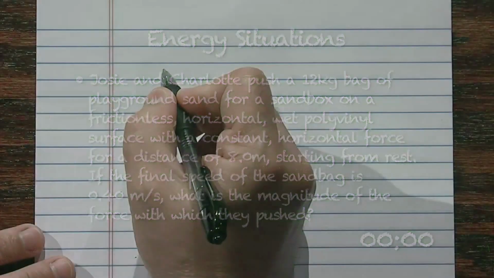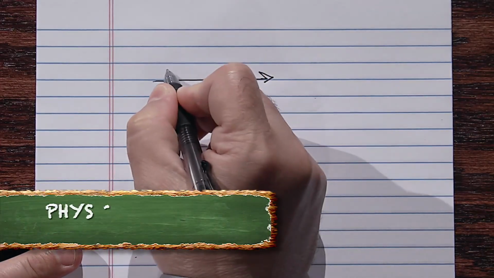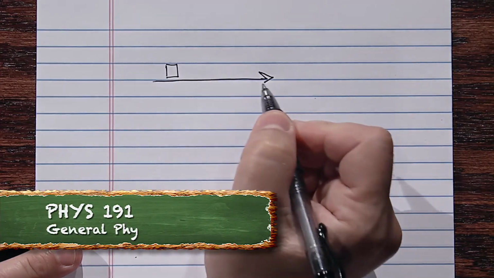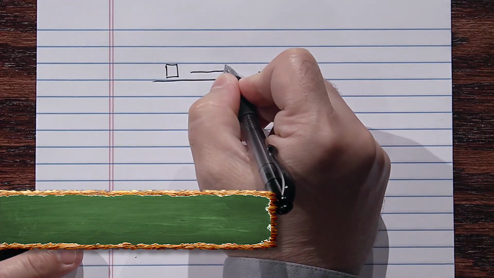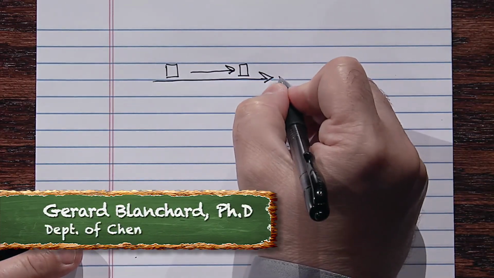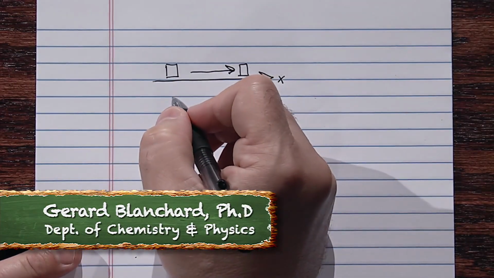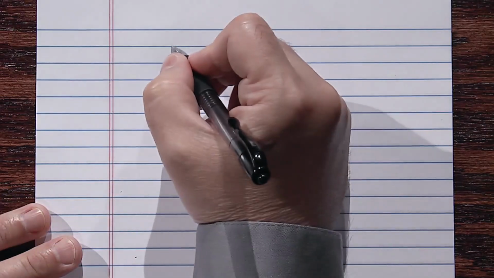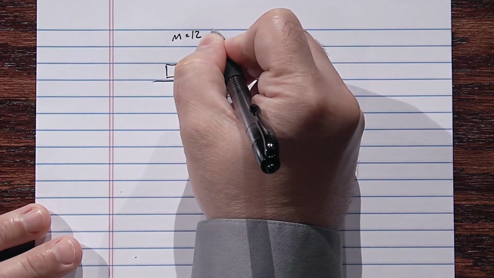Okay, our diagram, as usual, has the bag of sand. It's pushed some distance on a horizontal surface, so we'll call that horizontal direction X. And let's see, we know that the mass is 12 kilograms.